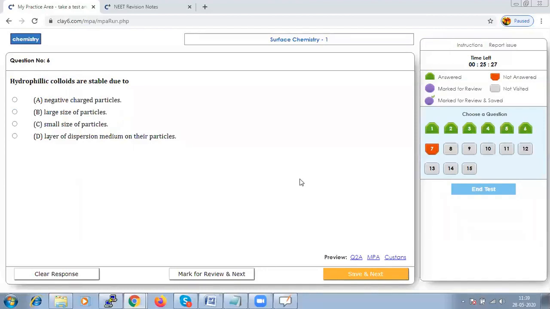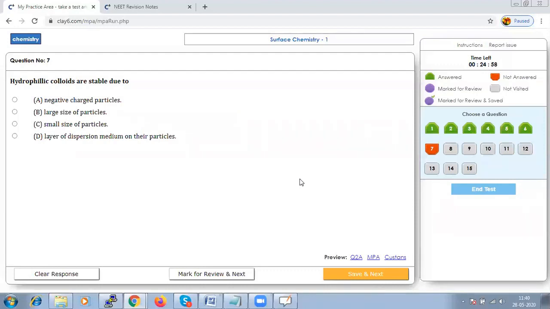Hydrophilic colloids are stable due to what? Why are hydrophilic colloids stable? Always remember, hydrophilic colloids are water-loving colloids, and the colloid particles are attracted towards water. That means it is a reversible sol, and the stability of a colloidal system is the capability of the system to remain as it is.